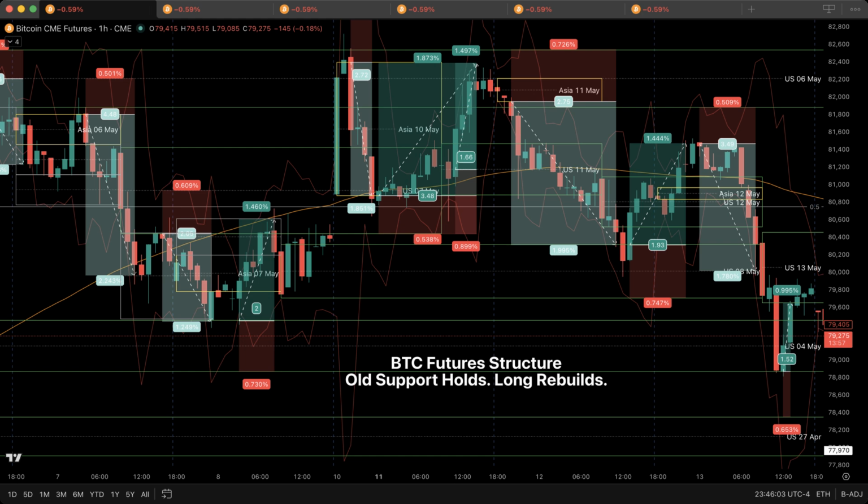The stop sits at April 27th U.S. upper boundary. The target sits at May 13th U.S. lower boundary. Risk-reward ratio, 1.52. The trade is not big, but it is structured. It is not a breakout chase. It is not a random reversal. It is support holding after downside pressure. That is enough for a clean, tactical long.